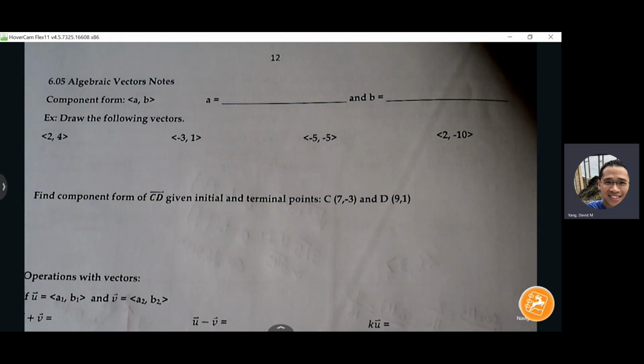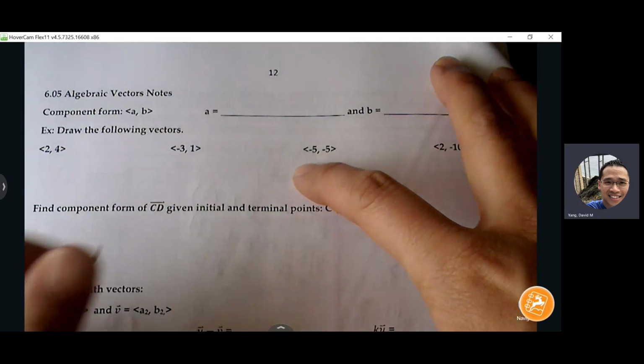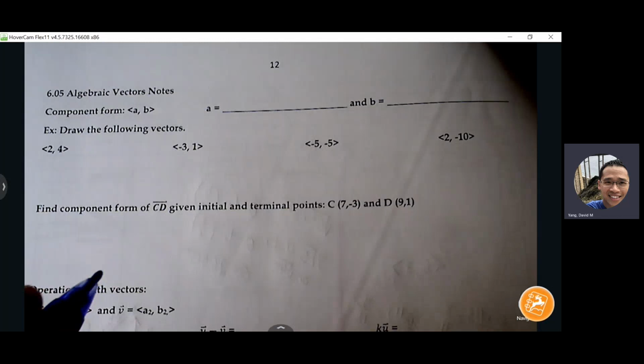So we talked about component form. Component form with those angled brackets basically tells you how far you're going to be moving and in which direction from your starting point to your ending point, and also it tells you which direction to draw your arrow. So your a is your horizontal component.